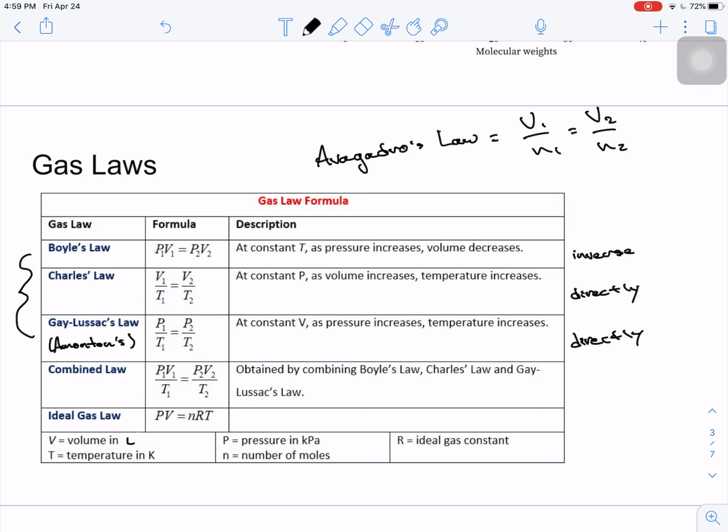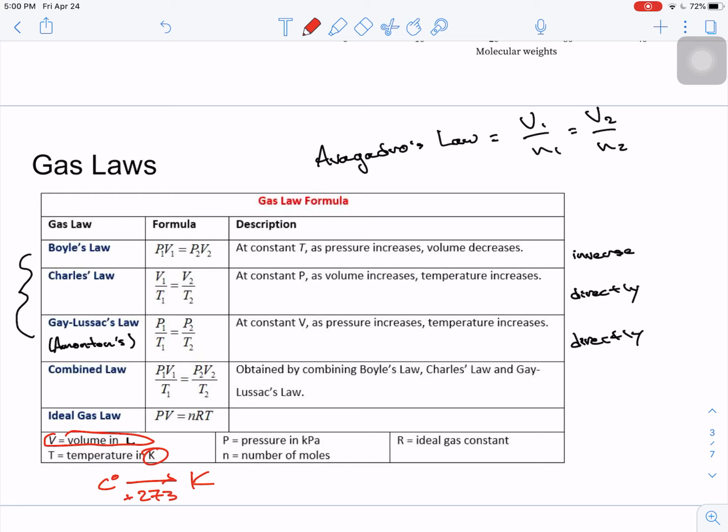And then the formula that you will all have to become super familiar with is the ideal gas law, but we're about to get to that. And another important thing, volume you want to be dealing with in liters, okay? Always in liters. So if you get milliliters, you usually want to change that. Temperature is in Kelvin, so not Celsius. And you guys know if you have Celsius, to get to Kelvin, you just add 273.